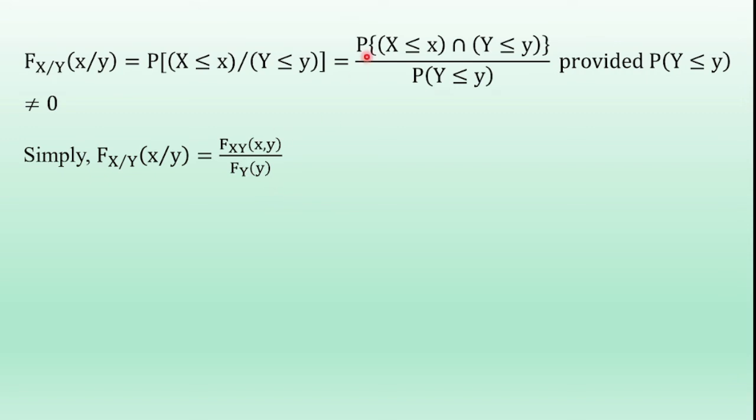From this equation, using the definition of the joint probability distribution function, the numerator term is the probability distribution function of the random variables x and y, that is Fxy of x comma y, and the denominator term is the probability distribution function of the single random variable y, that is Fy of y.